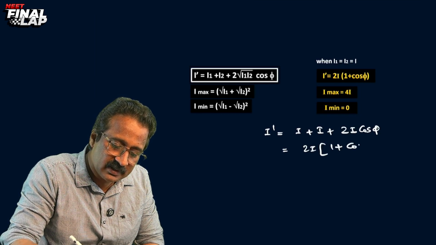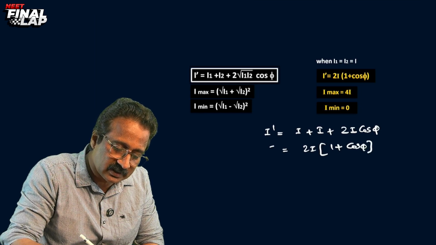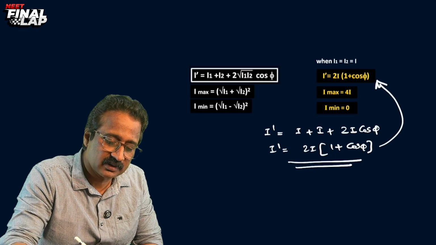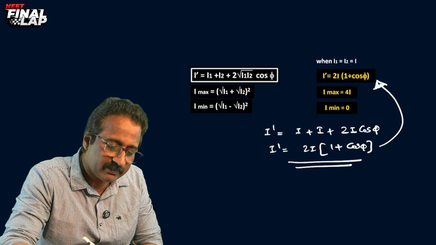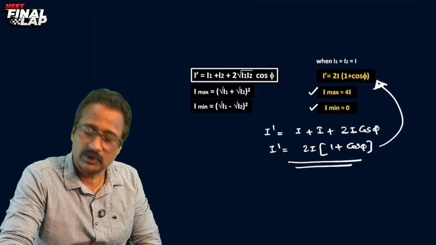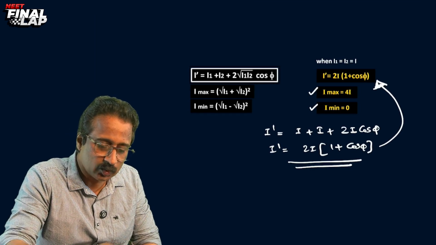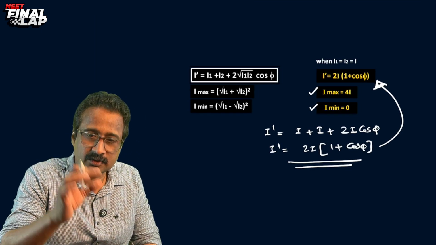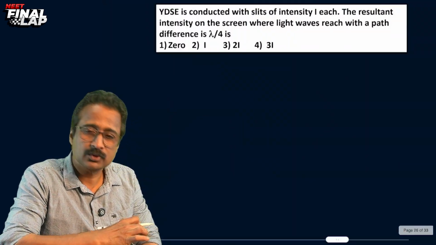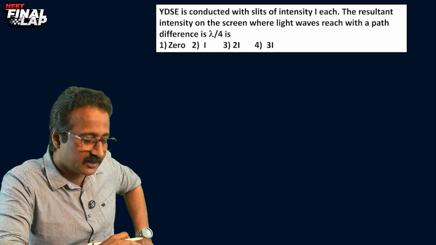So remember, when the slits are having equal intensity, the resultant intensity is given by this expression also, which is given here. Okay. Now I maximum in that case will be 4I, and I minimum will be 0. All right. So these are the equations we need to deal with intensity of light at any point on the screen. Let's come to one numerical question based on intensity.